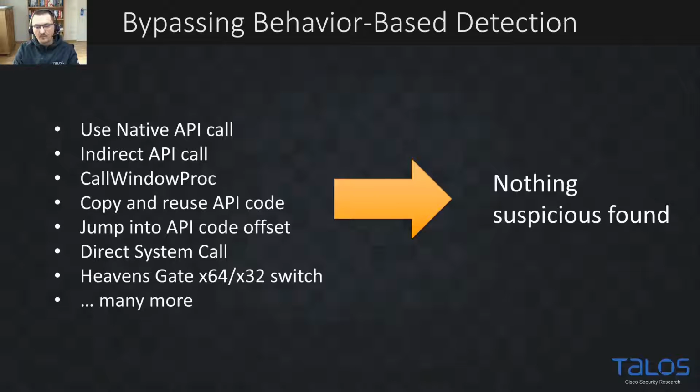And there are probably a myriad of other techniques how you can additionally obfuscate API calls. This means that behavior-based detection systems are still working quite well, and they are still detecting a lot of things, but on the other hand, they are also not the silver bullet. If the malware author knows what they are doing, then you have a good chance to bypass also these behavior-based systems.